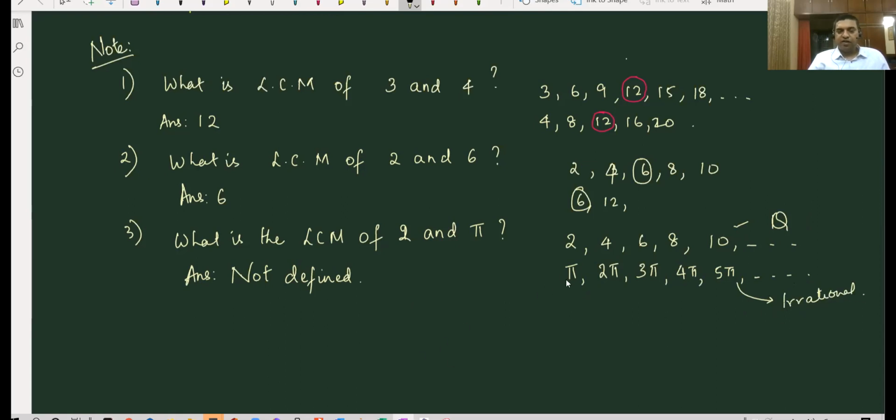Pi is irrational, 2 into pi is also irrational, 3 into pi, 4 into pi, 5 into pi are also irrational. So the LCM of a rational and irrational does not exist.